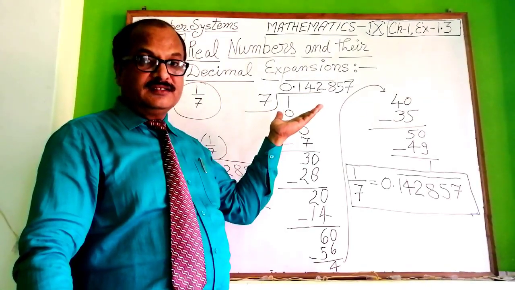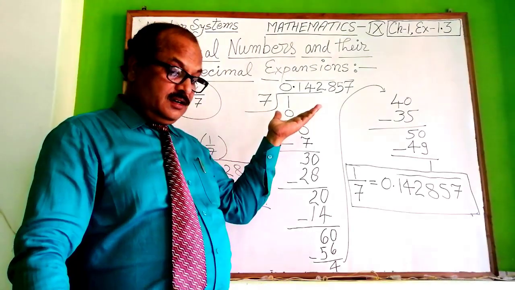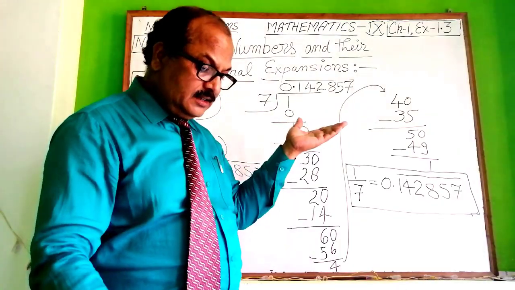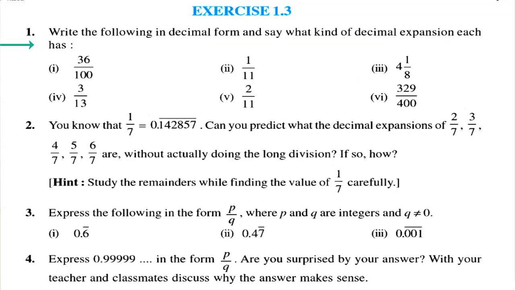The different parts of question number 1 are: 36 upon 100, 1 upon 11, 4 whole number 1 upon 8, 3 upon 13, 2 upon 11, 329 upon 400. So there are 6 parts in question number 1. You can do them yourself. Now let's see question number 3.